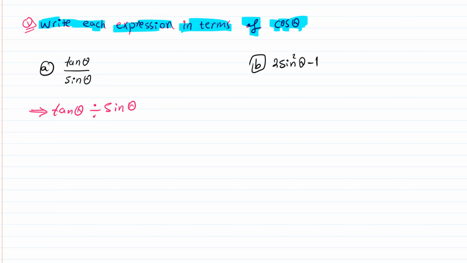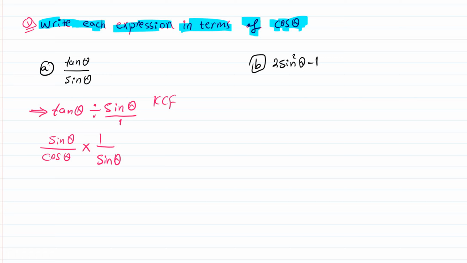So remember, students, tan theta always equals sine theta over cosine theta. So for this one, KCF: keep, change, flip. Keep the first one, change division to multiplication, and the denominator when it doesn't have one is 1, so equals 1 over sine theta.